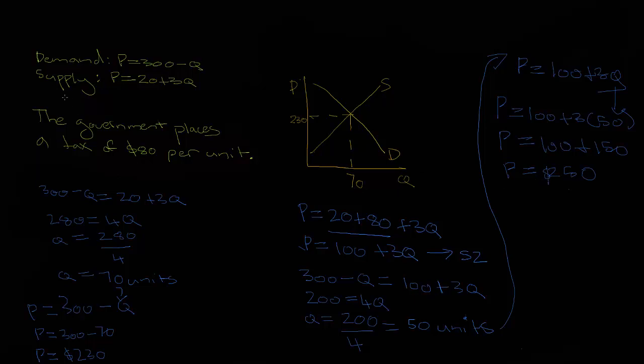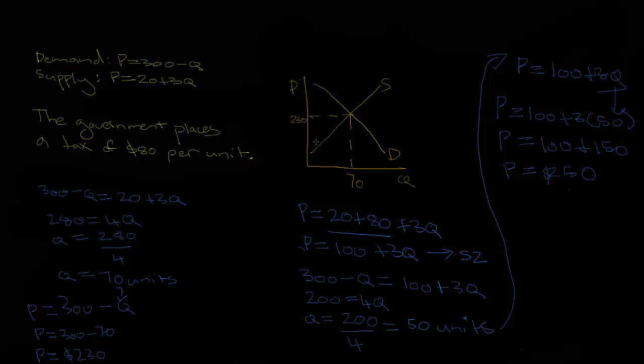So now we can have the second part of our graph. This is our new equilibrium price and new equilibrium quantity. So the equilibrium quantity has decreased and the equilibrium price has increased. So that means the supply curve must have shifted inwards. But this also makes sense, because if the suppliers now have to pay a tax, they're not going to want to supply as much because they earn less profits.